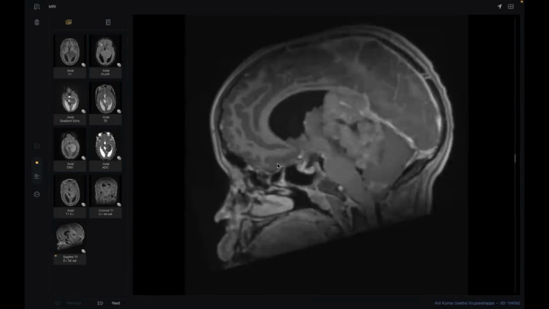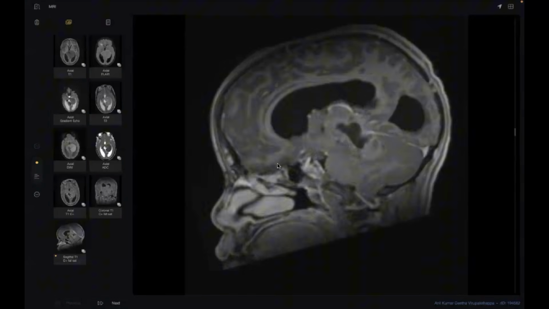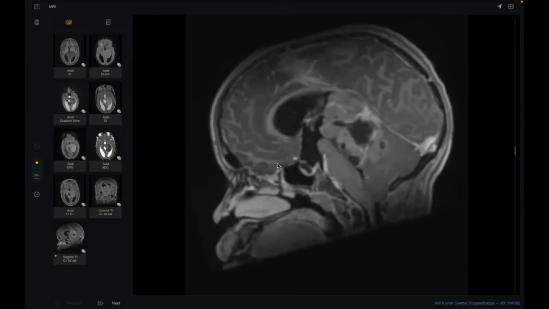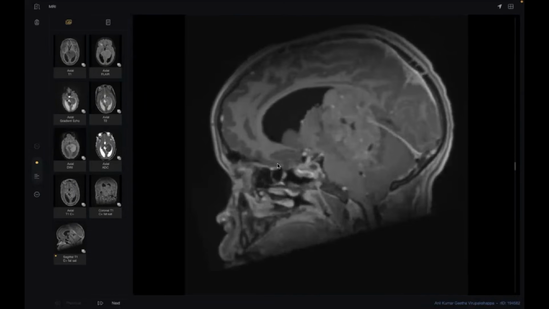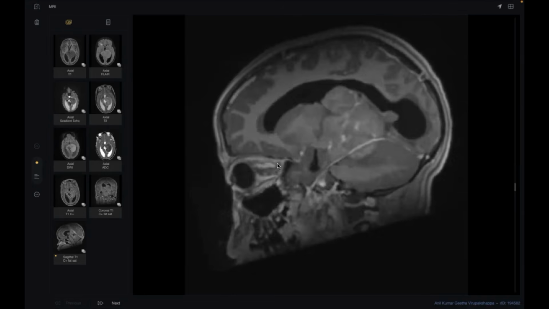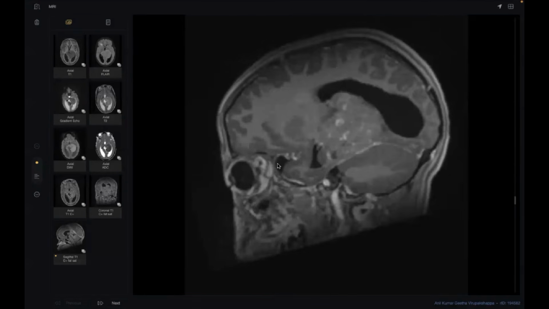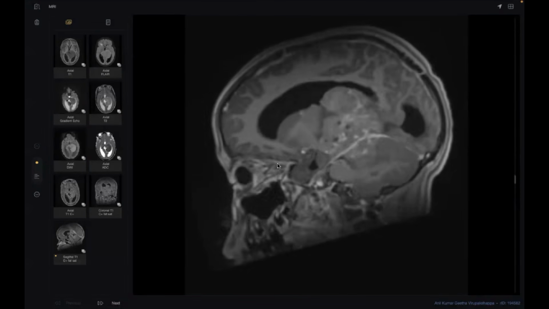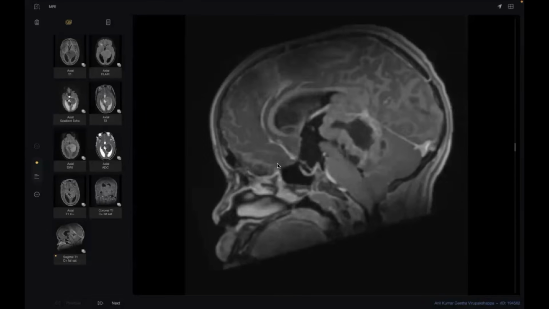It is causing significant mass effect on the cerebellum posteriorly. Where is this lesion centered?